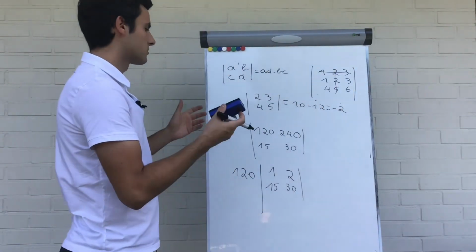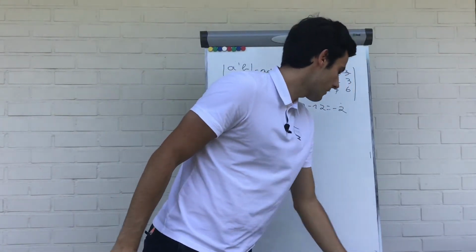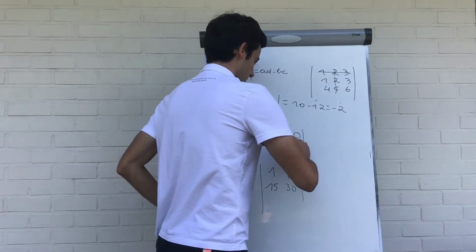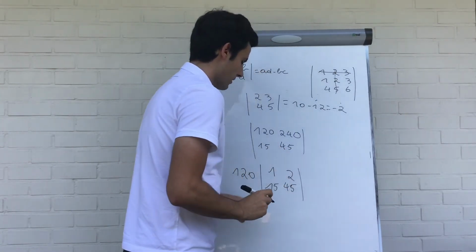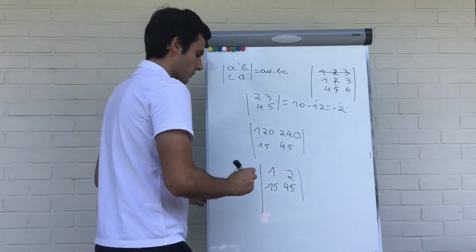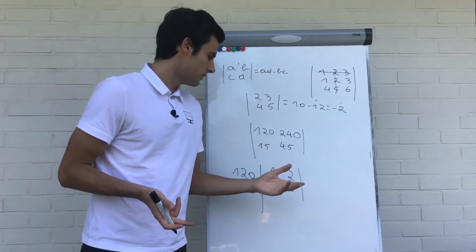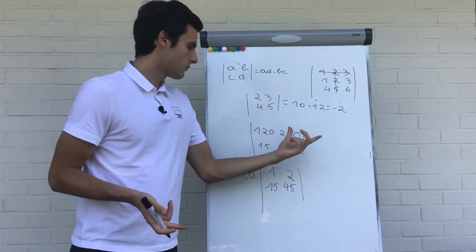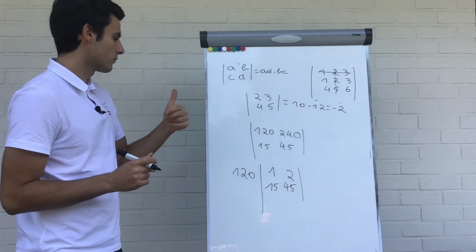But it can be that it's not 0, for instance, if here it is 45. Then you have 45 minus 30 is 15. So you get 120 times 15. So it's much easier to do 120 times 15 than to do 120 times 45 minus 15 times 240.